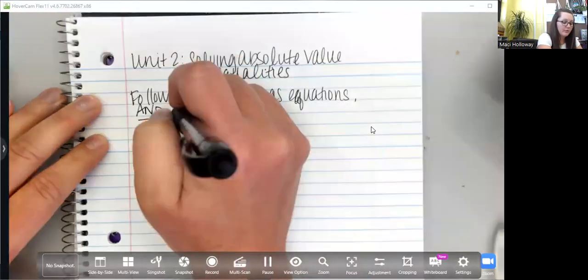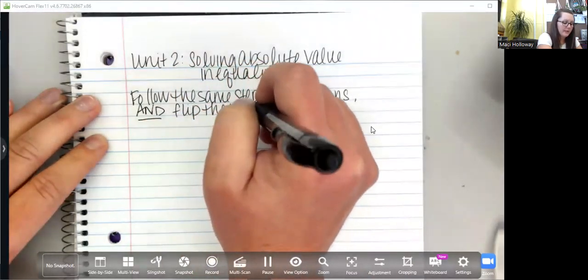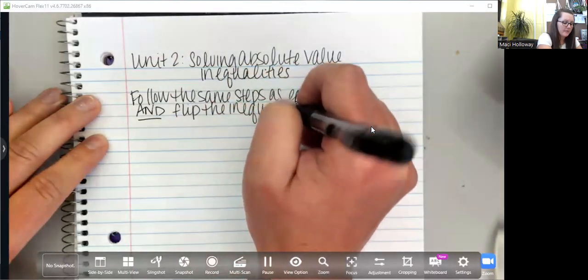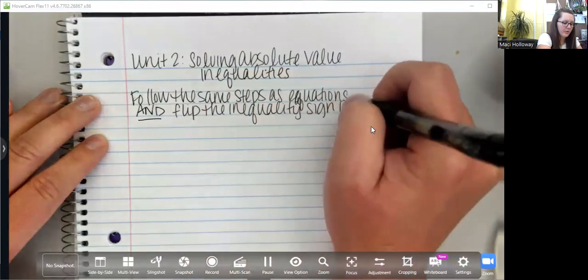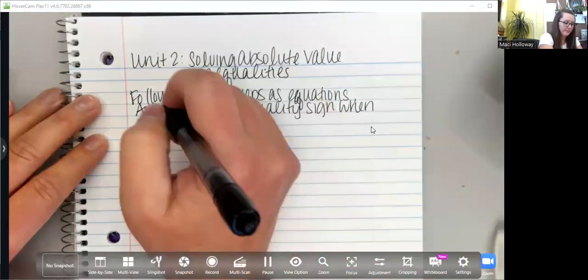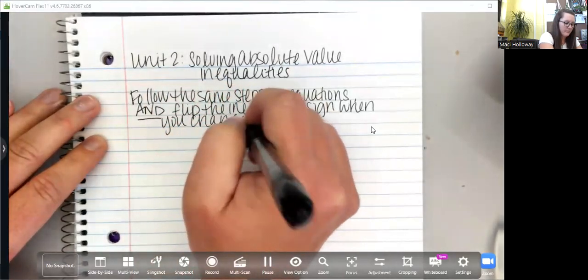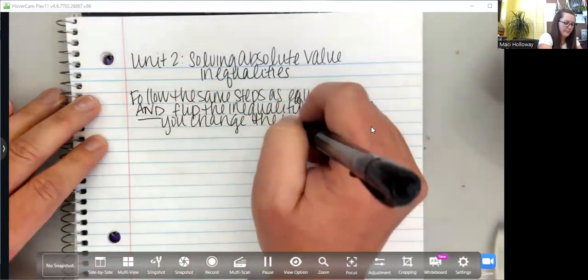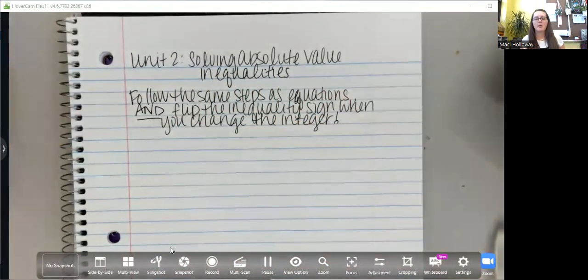and you're going to flip the inequality signs when you change the integer. I'm going to put a box around this, a bubble around this.